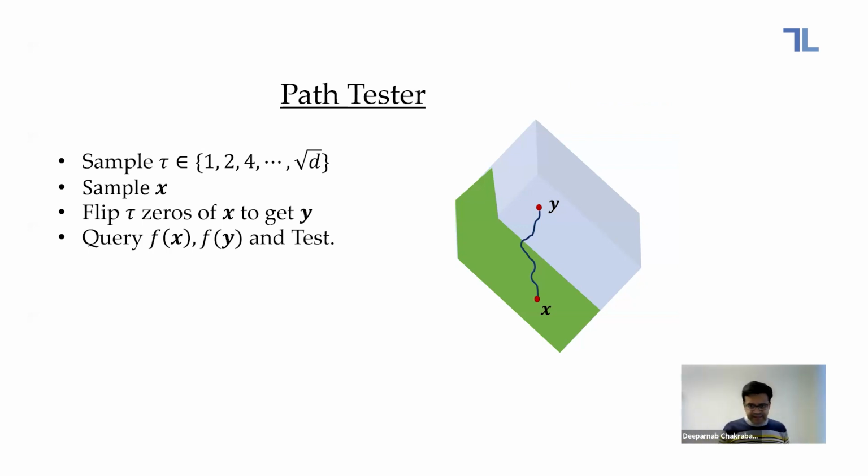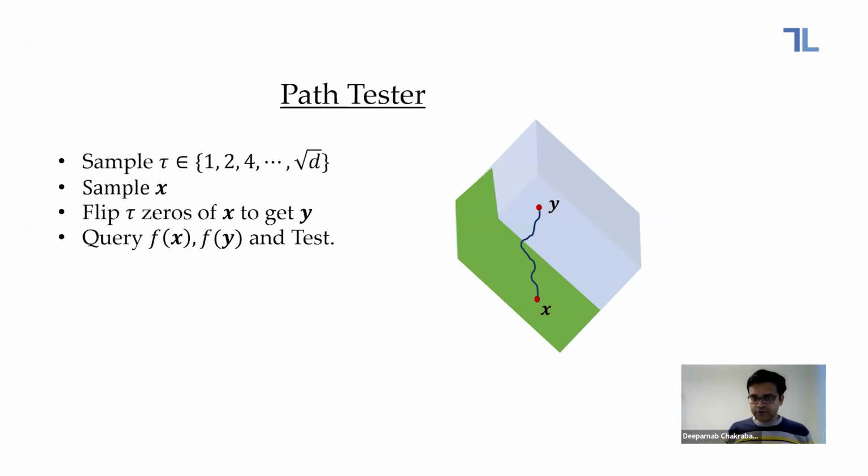So for the path tester, the amount that you walk cannot be more than root d. For this anti-dictator, the longer you walk, the better my chances to catch are, but that in general may not be true. So what this path tester does is, the amount that it walks, this parameter tau that you will see, is also chosen randomly at various scales.